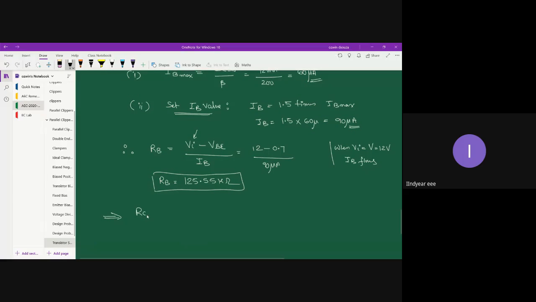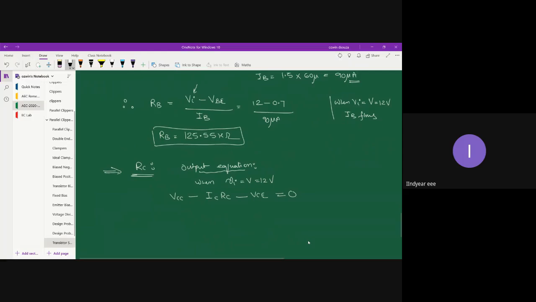Next, let us go for RC. To find RC, you can use the output equation. Once again, when VI is equal to 12 volts, you can write VCC minus IC RC minus VCE is equal to 0.